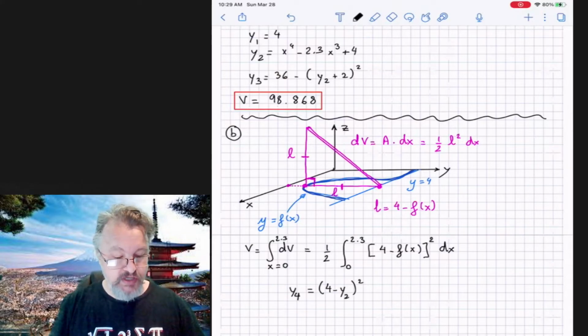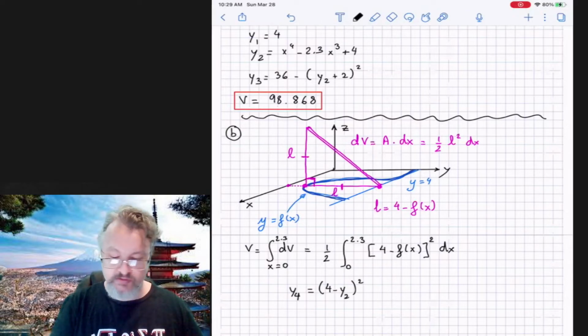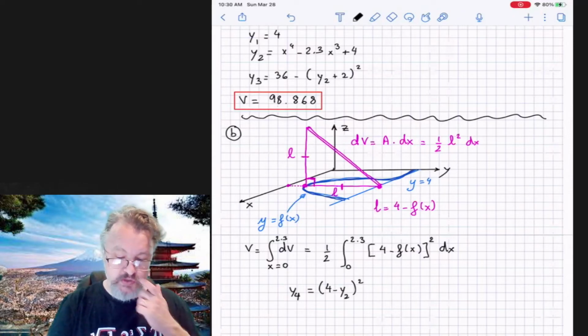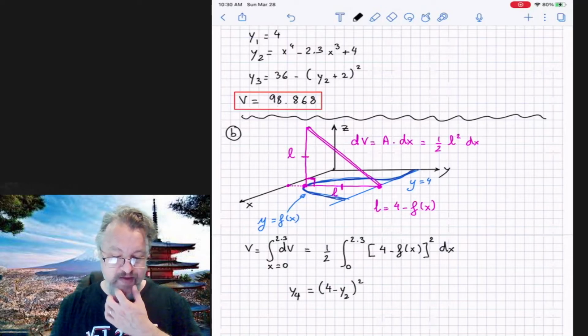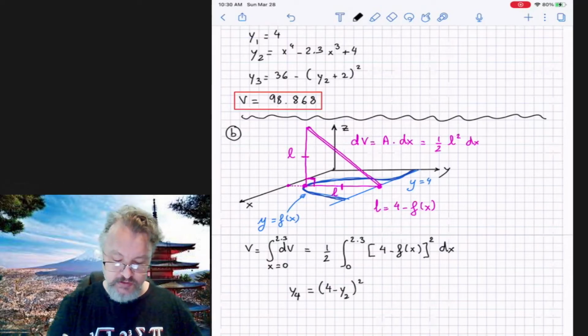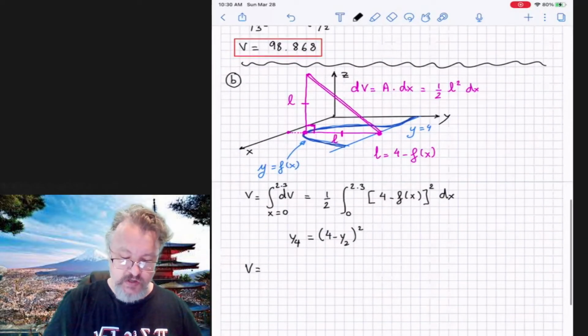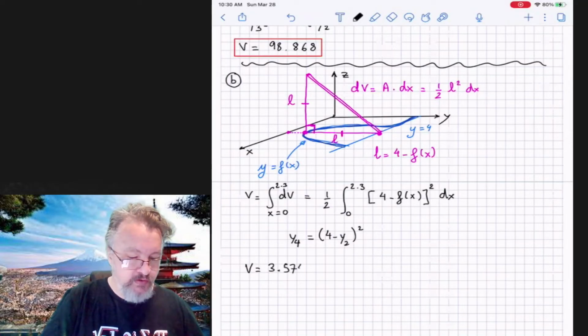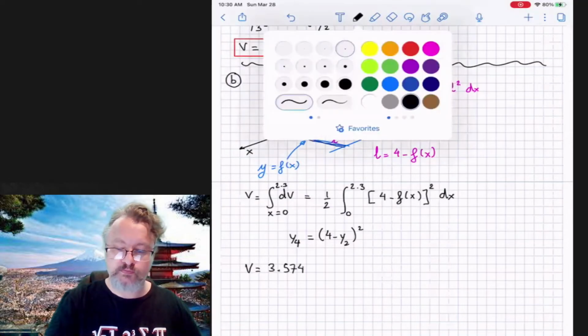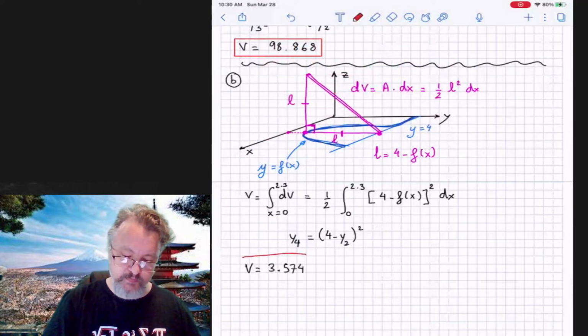Then, as before, I'm going to calculate the integral. Lower limit will be 0, upper limit will be 2.3. There you go. And I don't want to forget to multiply that by the 1/2 in front. And that gives me V equal 3.574.